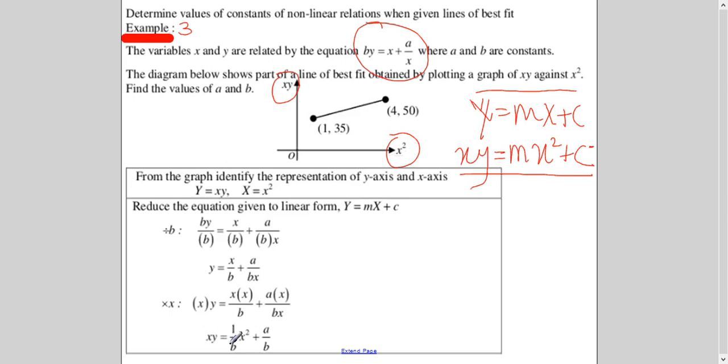Now my gradient is 1 over b, and my intercept is a over b. Now to find the values of a and b, I can apply the gradient formula on these two given points, because this is the linear law. And whatever answer I get from here, I will equate it to 1 over b, right? So let's see the next one.